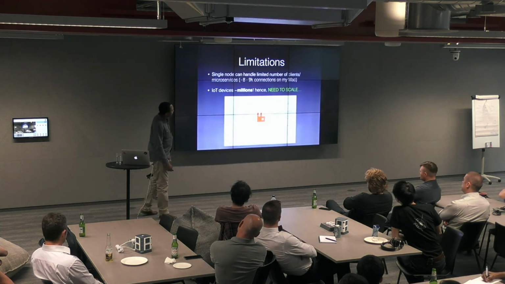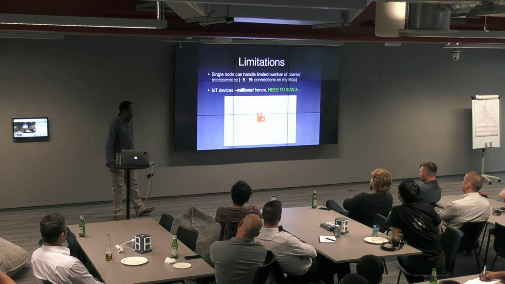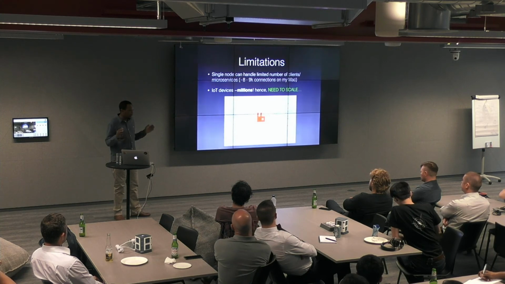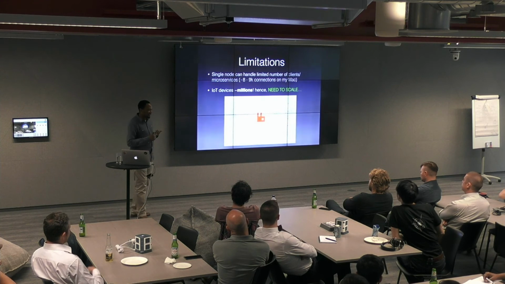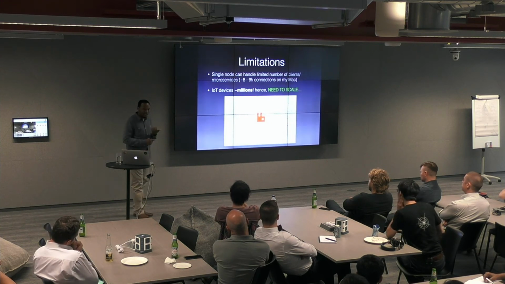And another limitation, which is very common, is that a server, a node basically, can only handle a certain amount of connections, right? Because each connection translates to RAM usage, right?